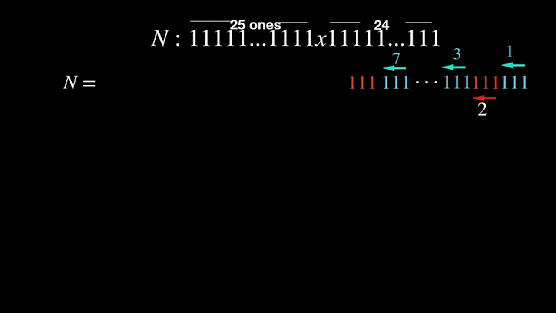In this way, if we number the blocks serially, we can write it like this, and we can see that after 8 blocks, that is after 24 ones from the right side, the unknown number, suppose x, will be in the 9th block, then the 10th block, and then the 11th block.